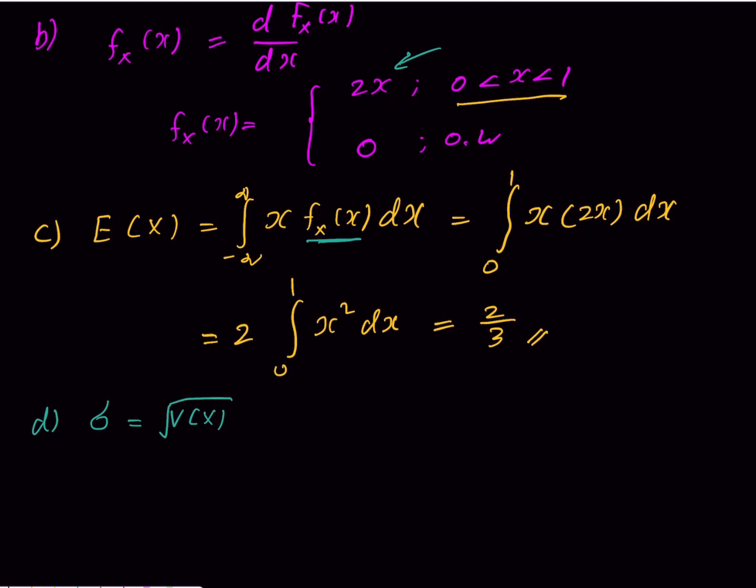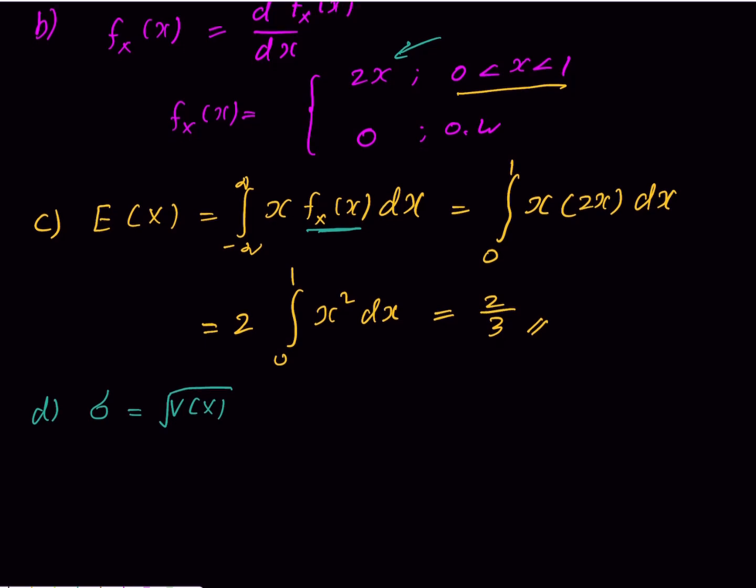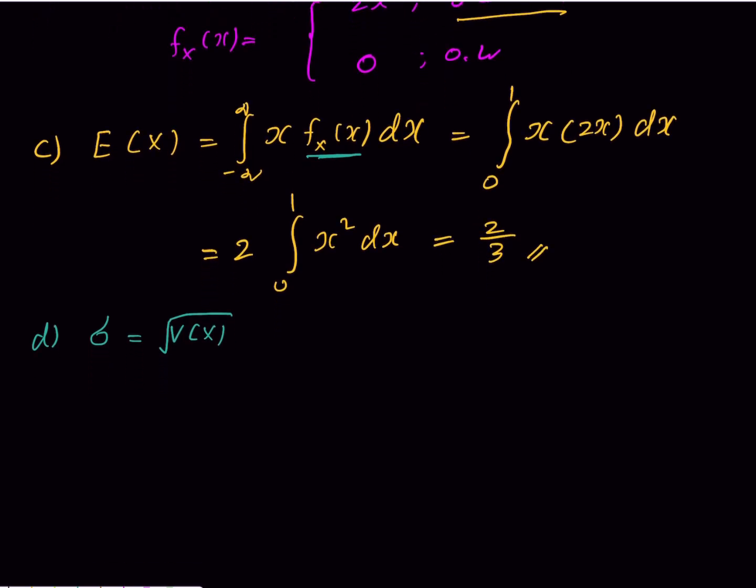Okay, variance of x, we use sigma squared. How do we find the variance of x? You should know this formula: variance of x equals E[x squared] minus (E[x]) to power 2. So we already know E[x], right? It is 2/3. We have to find E[x to power 2].